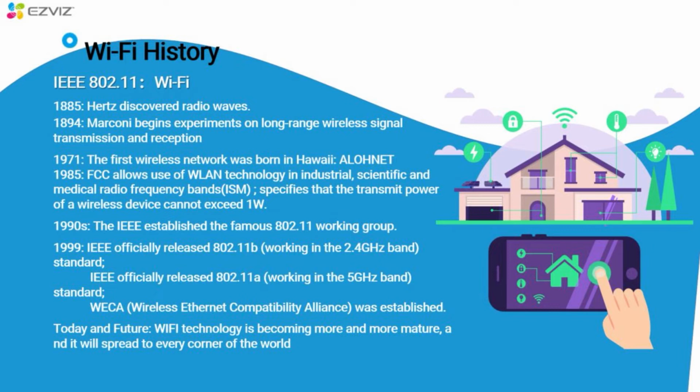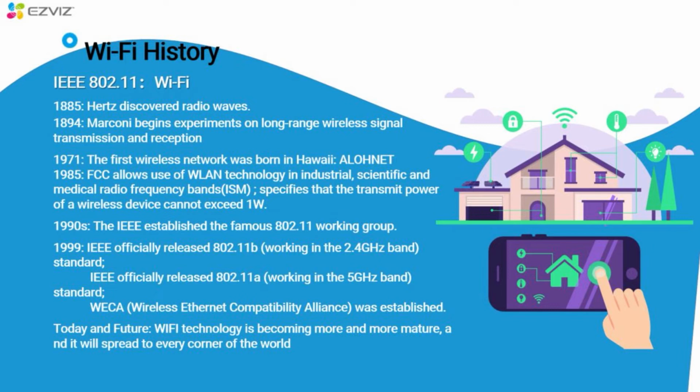In 1971, the first wireless network was born in Hawaii, which is AlohaNet. And in 1985, the FCC allowed use of WLAN technology in industrial, scientific, and medical radio frequency bands, and specified that the transmit power of the wireless device cannot exceed 1 watt.